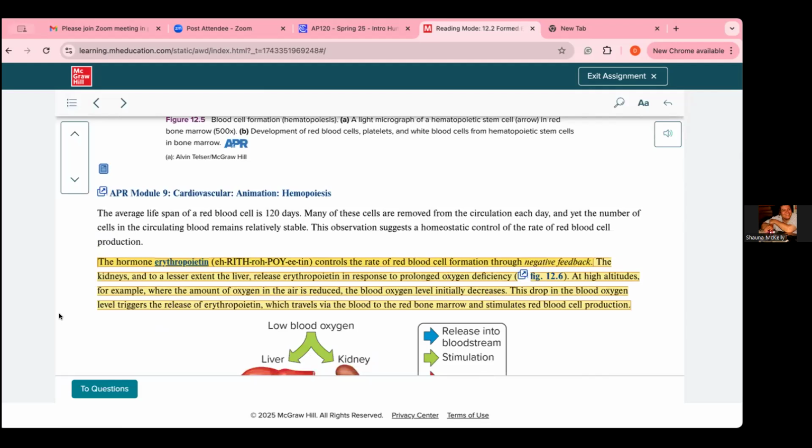Okay, yeah, so erythropoietin controls the rate of red blood cell formation through negative feedback. The kidneys, and to a lesser extent the liver, release erythropoietin in response to prolonged oxygen deficiency. At high altitude, okay. Okay, keep going.